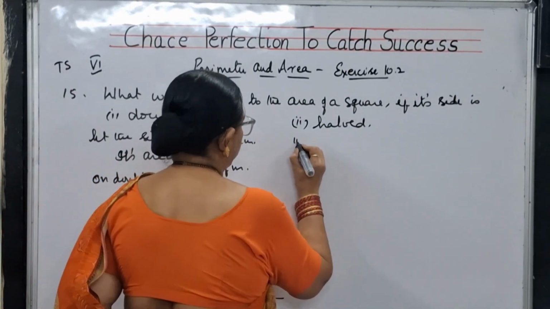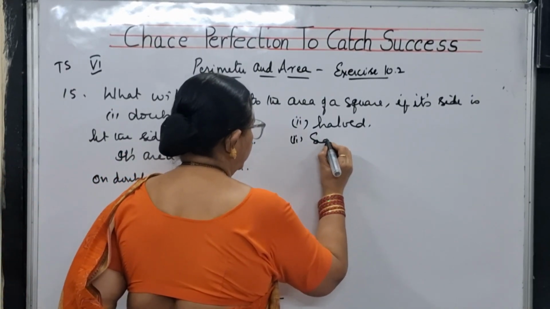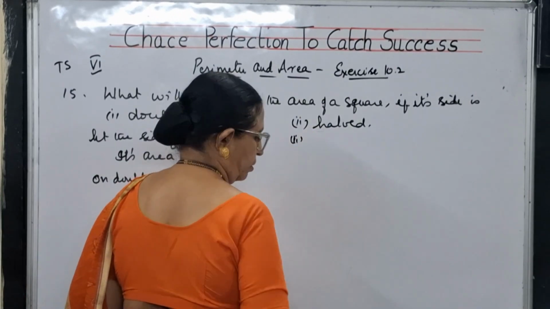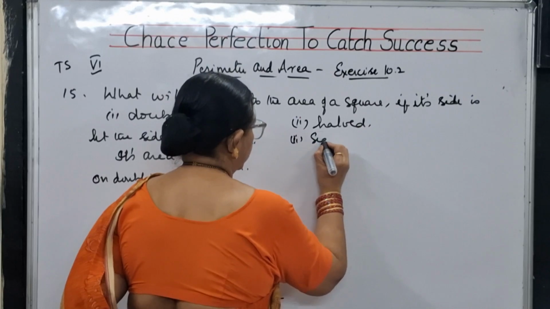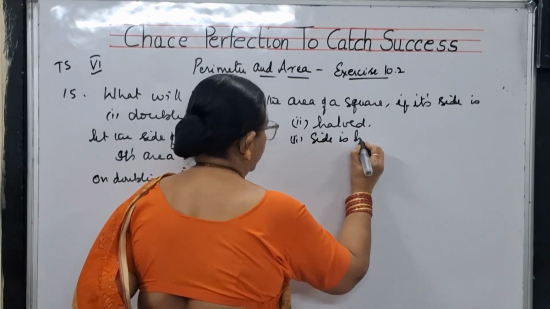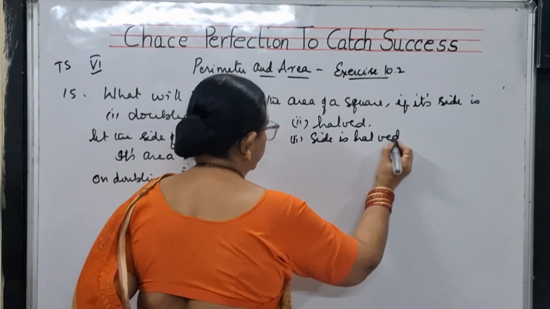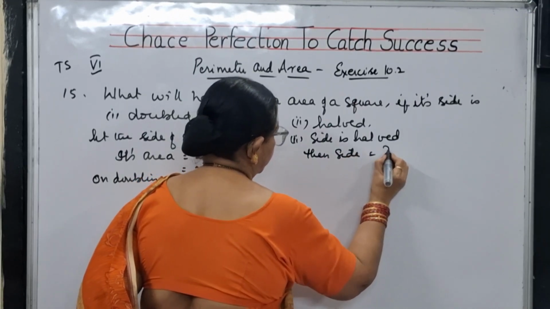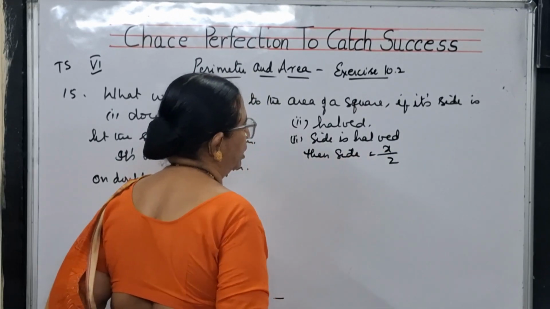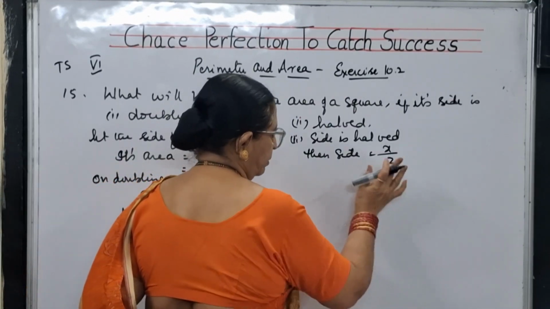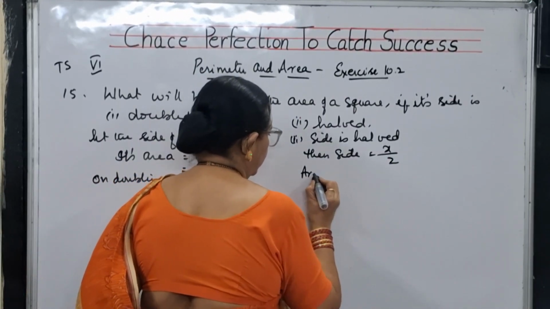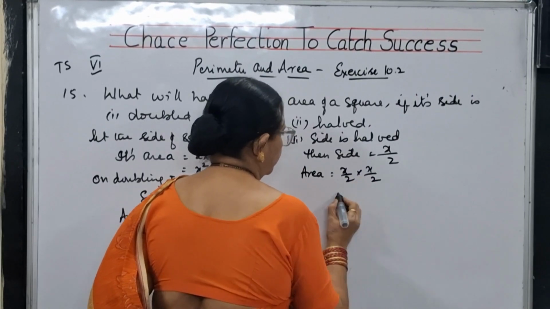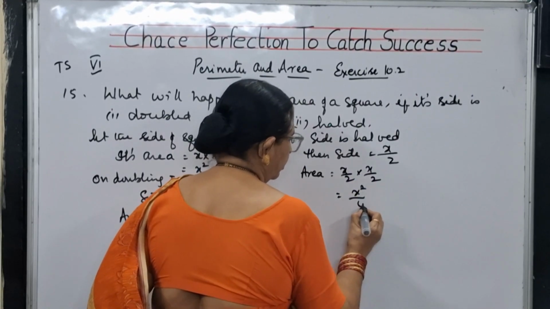And second bit, halved. So the side is halved. When it is halved, side is equal to x by 2. You are making it half. So what is the area? x by 2 into x by 2, that is x square by 4.